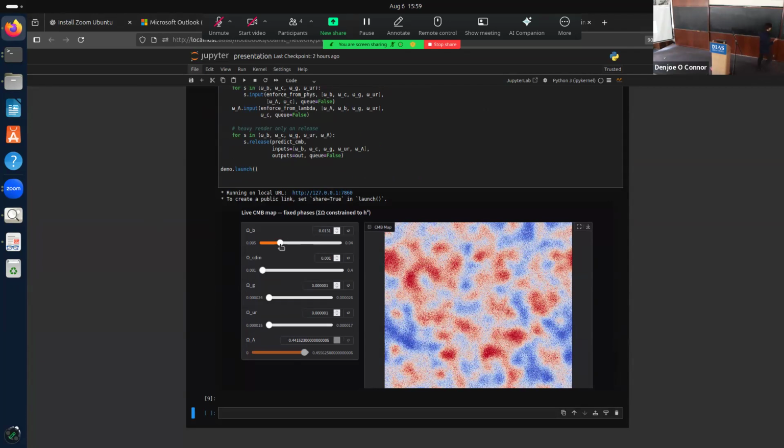Do you have some chalkboard? So in a flat universe, you have baryons plus CDM plus this plus radiation. Radiation has two components, gamma and ultra relativistic. This has to equal 1, right?